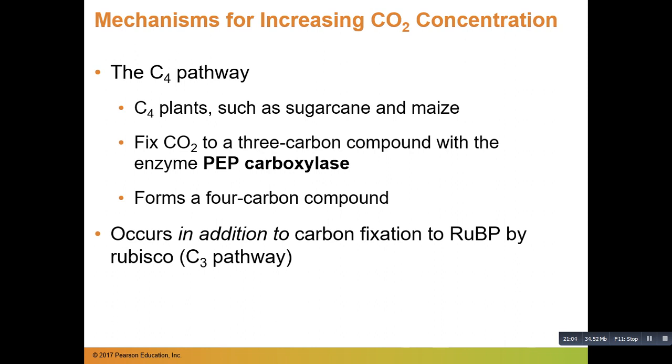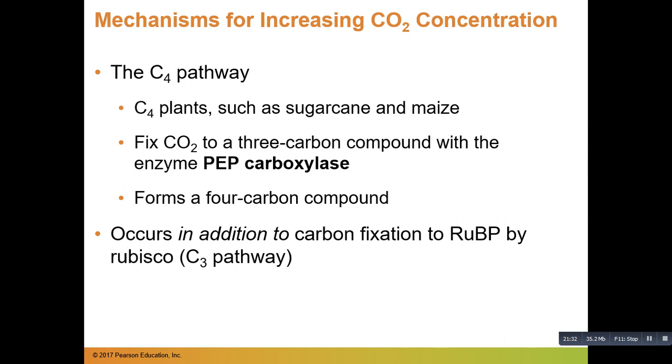And they're called C4 because they fix the carbon dioxide to a 3-carbon compound instead of a 5-carbon compound, which is going to result in a 4-carbon compound. So 1 carbon in our CO2, 3 carbons in our 3-carbon compound. This is going to result in a 4-carbon compound, which is why it's called a C4 pathway.